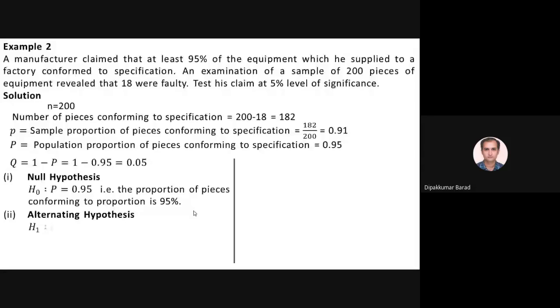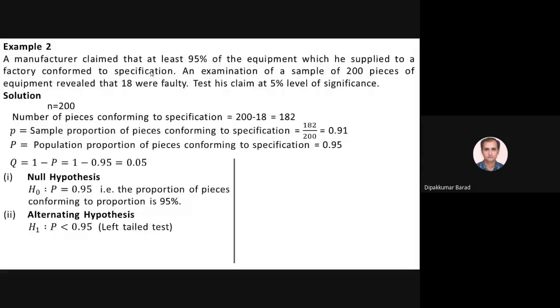Once we set the null hypothesis, what can we say about the alternative hypothesis? It might be less than 95. If the manufacturer claims 95%, it means out of 100, 95 products conform to specification. If fewer than 95 conform, then the manufacturer's claim is not a right claim.